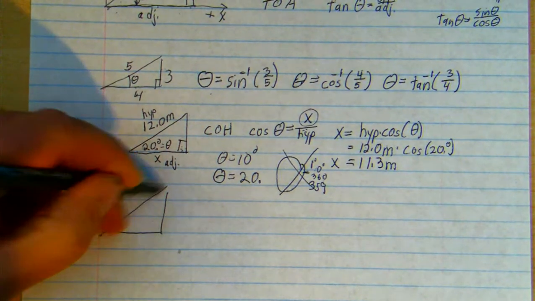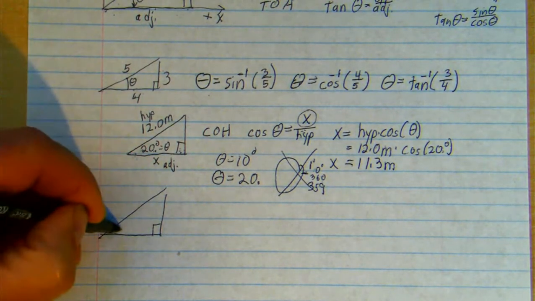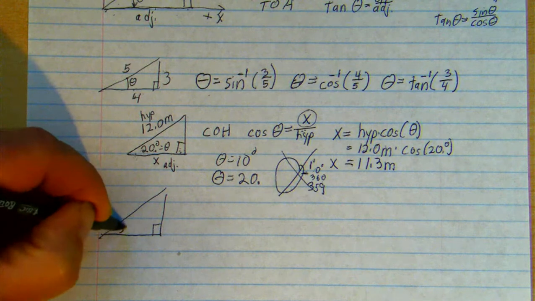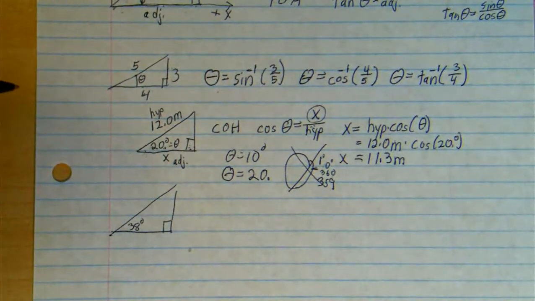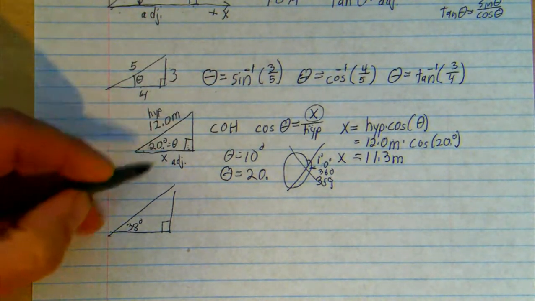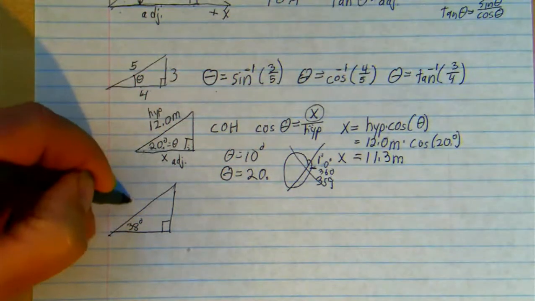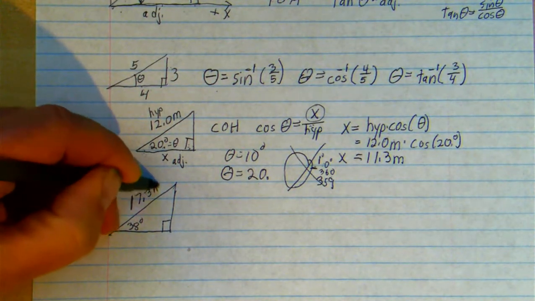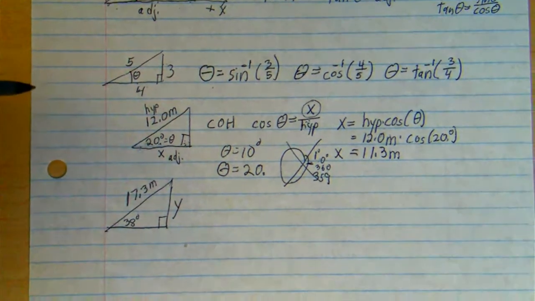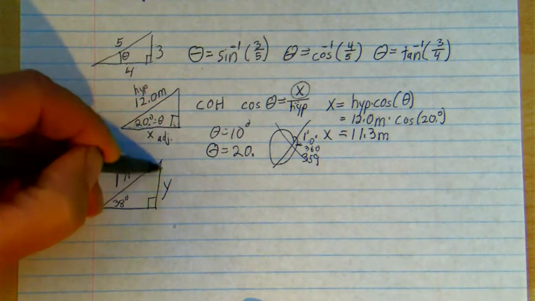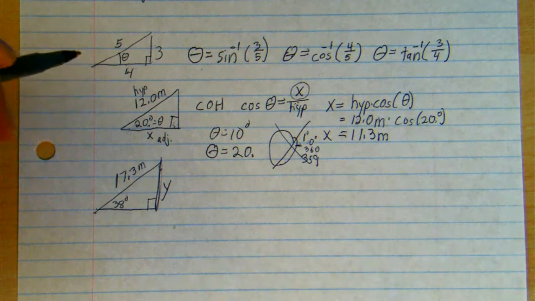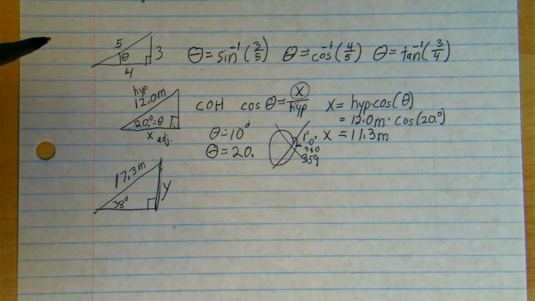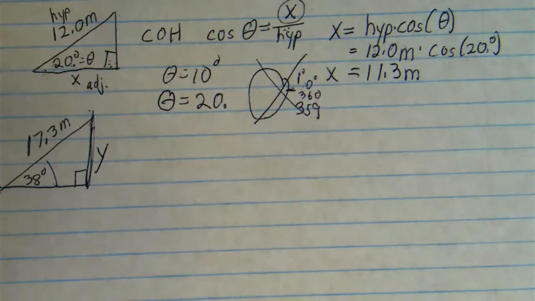So I have a right triangle, and the angle is 38 degrees, and the hypotenuse is 17.3 meters. Calculate, please, what is the y value for this right triangle? What is the height of this right triangle?